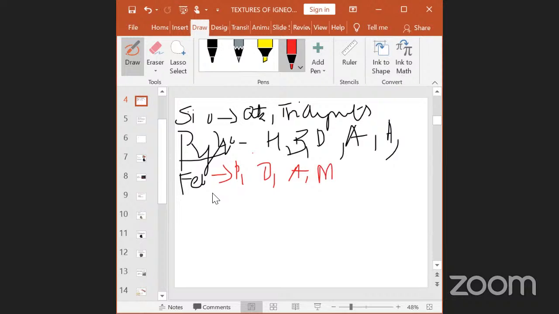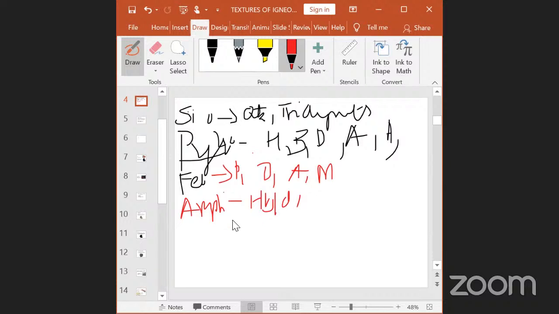These are the feldspar group minerals. And also the next one is the amphibole group. An example is hornblende.